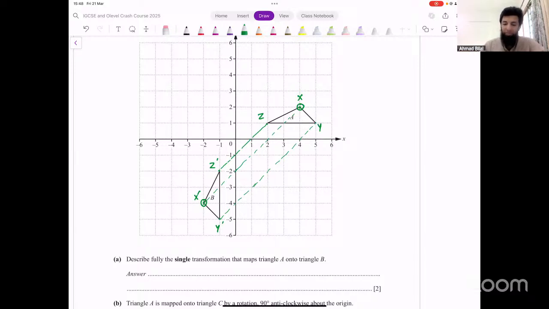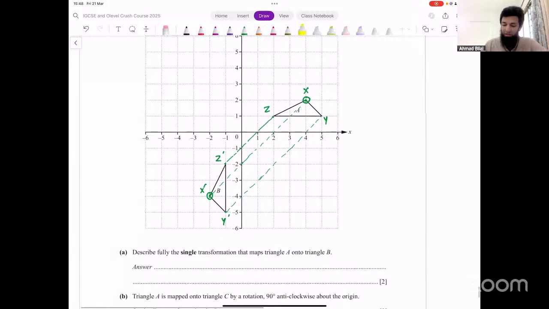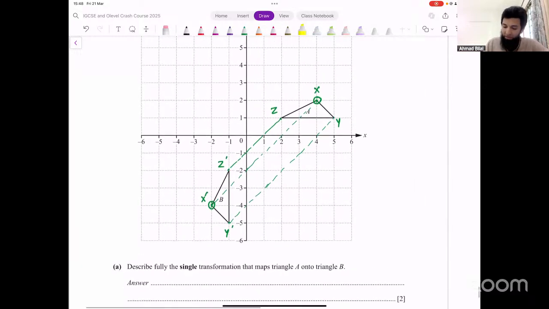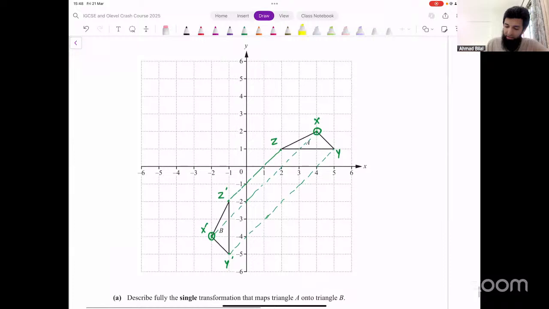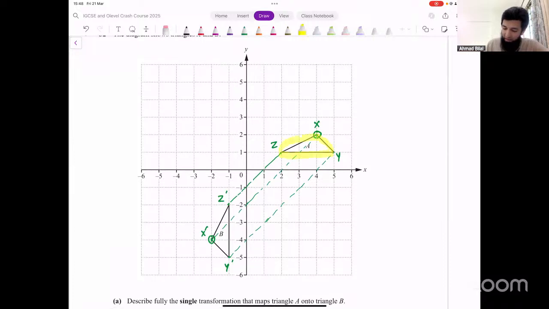You could also identify this using the order of points. Remember, we also talked about this. In the original figure, it's x, y, z in the clockwise direction. In the transformed figure, x, y, z is in the anti-clockwise direction.